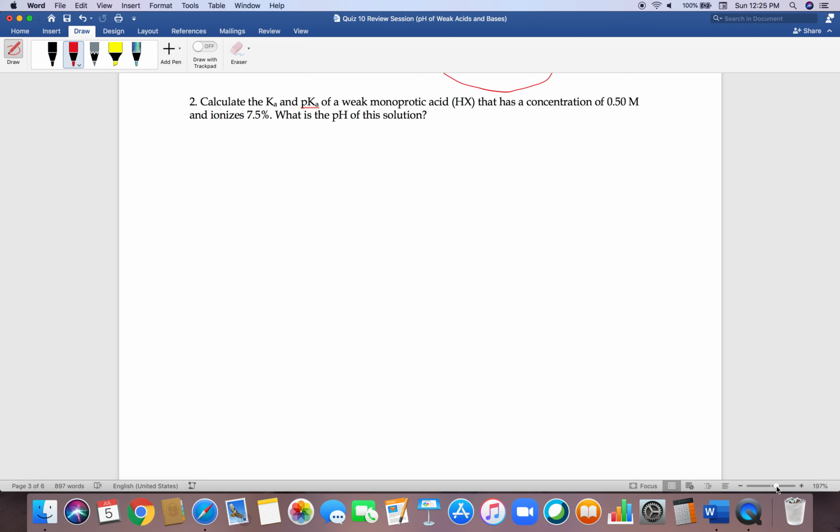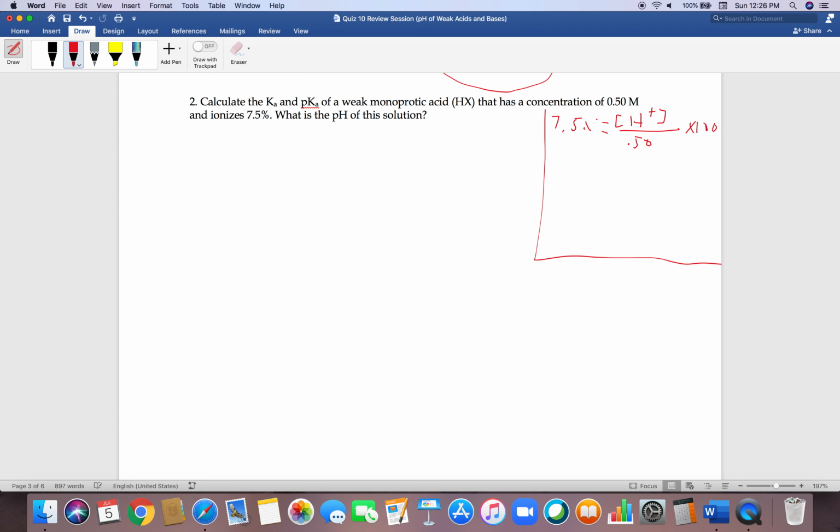Well, what we would need to do first is find our hydrogen ion concentration. And we can find that from using the percent ionization. So we're going to need to work a little bit backwards here first. So we'll do that in this upper quadrant here. We're told that the acid ionizes 7.5%, and this is going to equal the hydrogen ion concentration over the acid times 100.